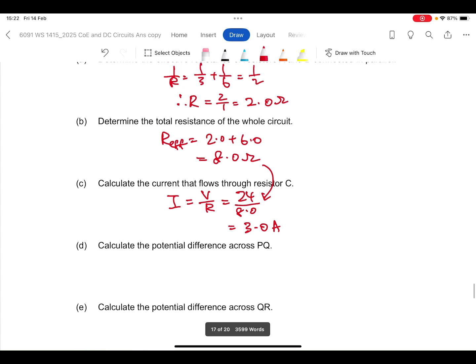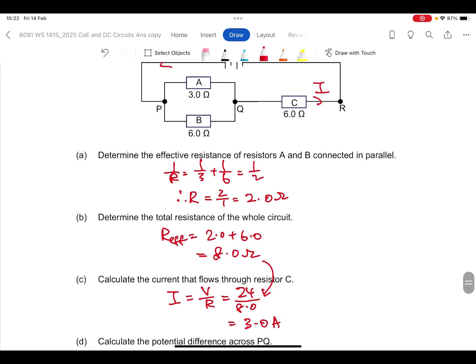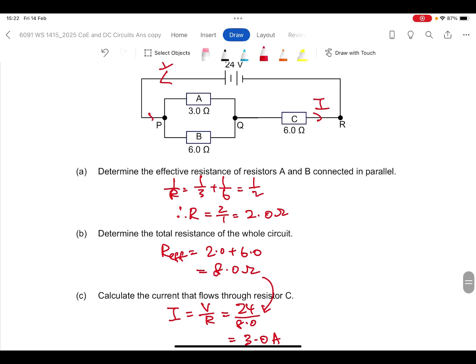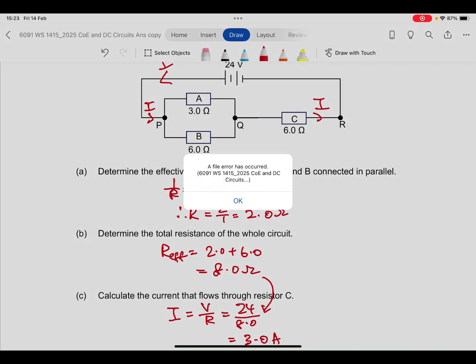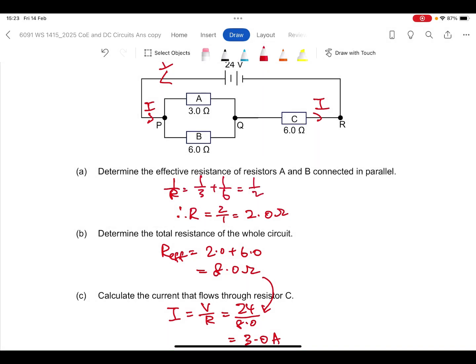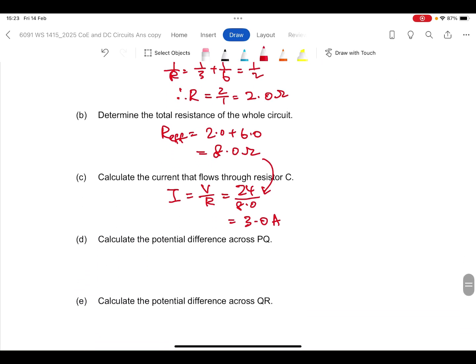Find the potential difference across PQ. We need to know the current that's coming into PQ, then multiply it by the resistance of that parallel part only, because we only want the potential difference across PQ. So VPQ, V equals IR.